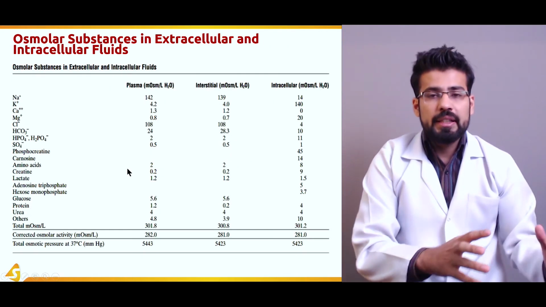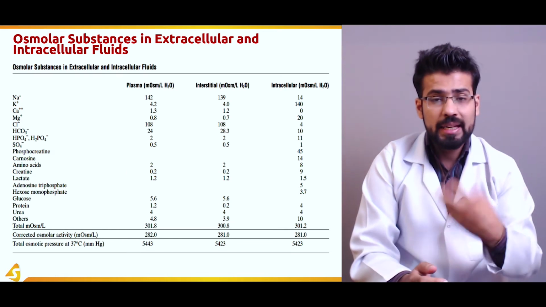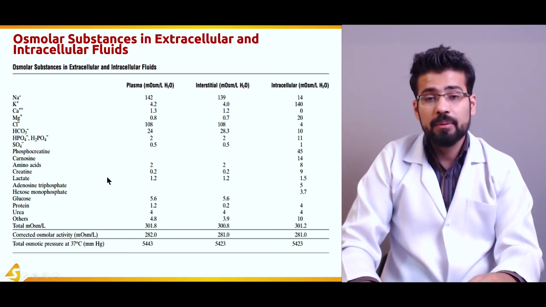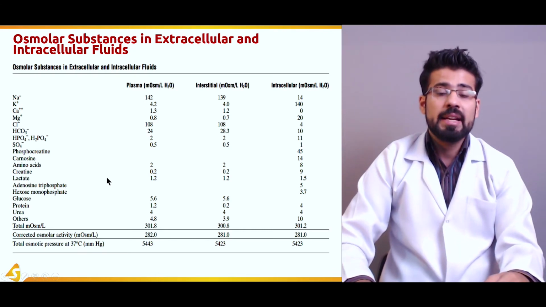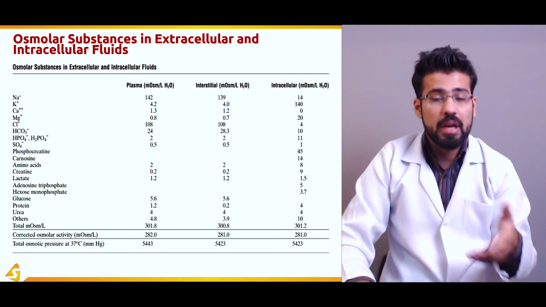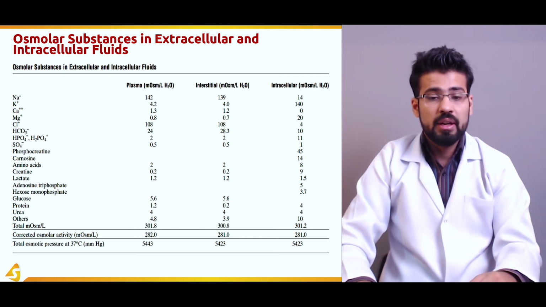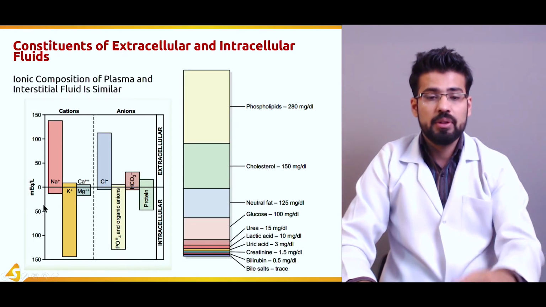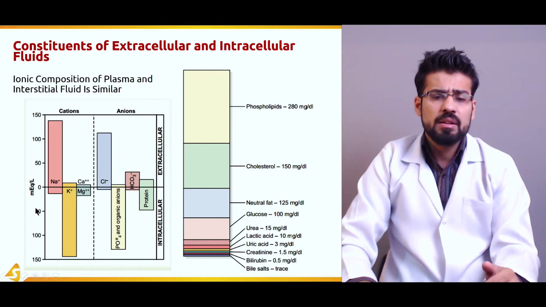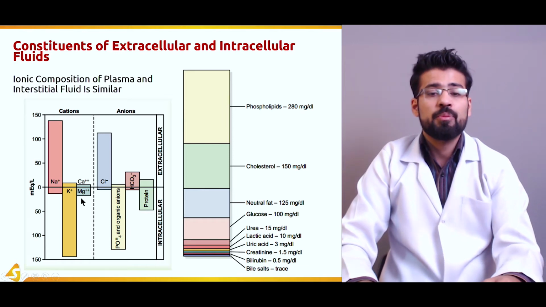So let's have an in-depth discussion about the different types of salts and their concentrations in the plasma, the interstitial and the intracellular fluid. So this was to give you an overview, and this will discuss more in-depth details. As mentioned in the previous slide, sodium is much more in the interstitial fluid as compared to the intracellular.